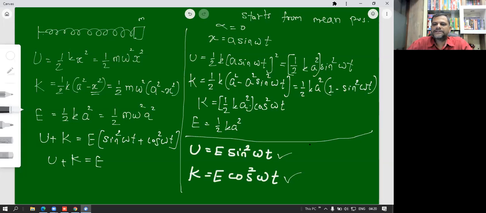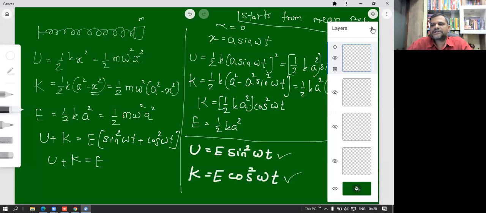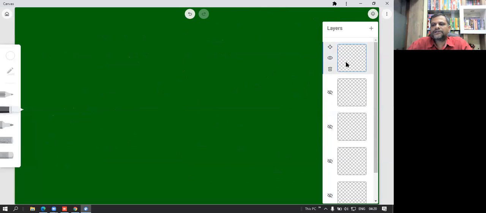Now at the same time, if the particle starts from extreme position, that was for the mean position. If the particle starts from extreme position, then what will happen in such a situation? Look carefully, so in case when the particle starts from extreme position, what is the value of alpha?